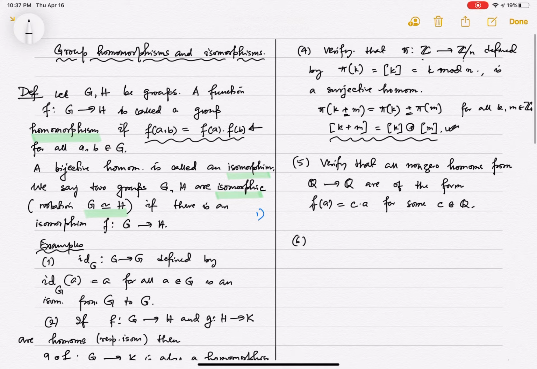For example, we know these special maps, the exponential map. That's a homomorphism from R with addition to the positive non-zero numbers with multiplication.